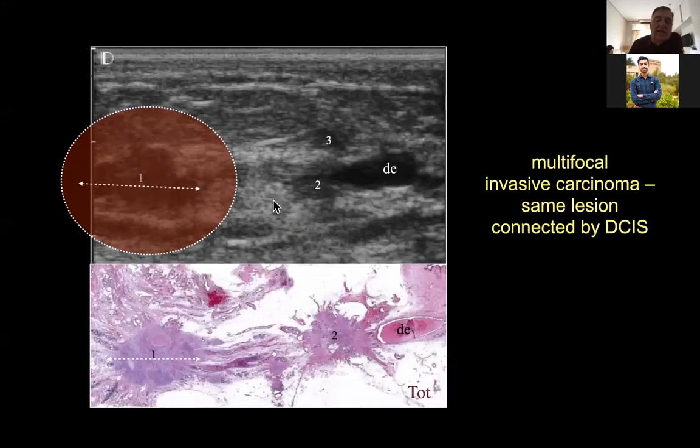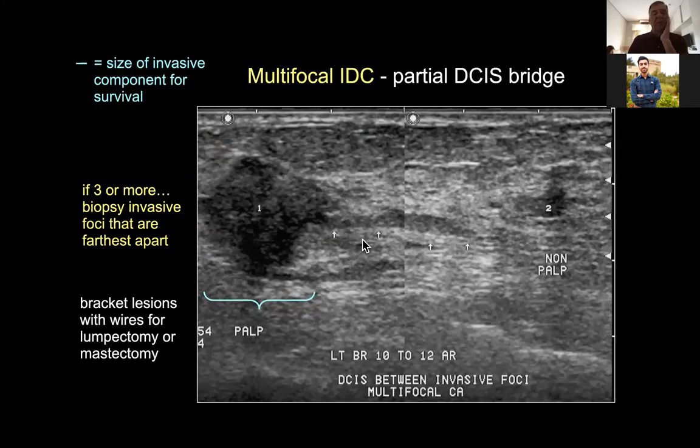Now this actually has DCIS bridges between it. So the size is the maximum diameter of the index lesion on the left, and the extent is the outside dimension between TDLU number 1 and TDLU number 3. Here we only have a partial DCIS bridge, big index lesion on the left, partial DCIS bridges, satellite lesion on the right.